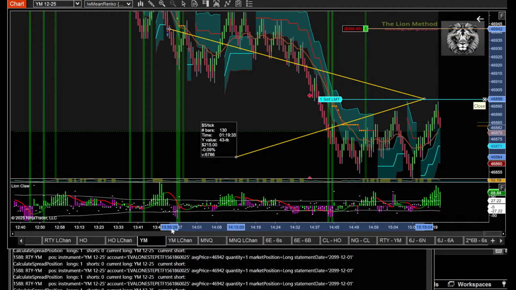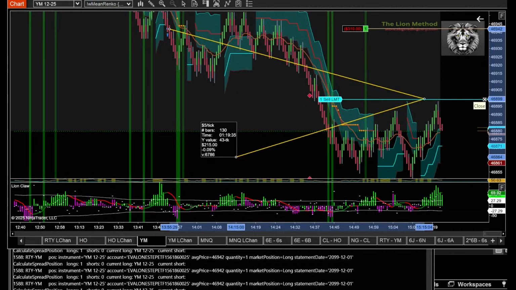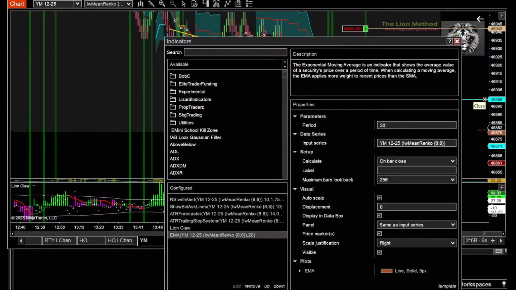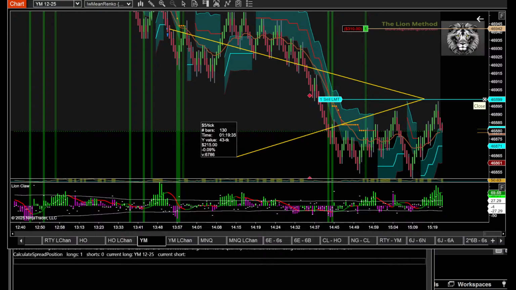Fighting for that last inch. Well, might have hit the magic. What is this set to? 20 period moving average. Let's see if it hit that magic 20 period. Bounces up. Well, did bounce momentarily.